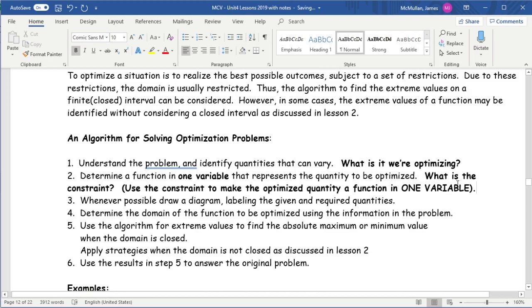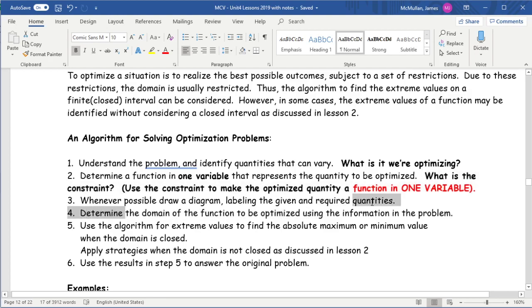This is the big point here to understand. If you can get your equation in one variable, you already know how to optimize it. So the idea that we're working on today is, how do I use a constraint equation to turn my optimizing equation into a single variable that I can then do my calculus to. I can take its derivative, find its critical points, and so on.